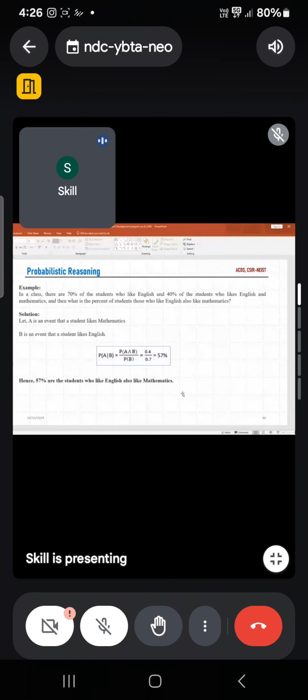Let's see an example. In a class, 70% of students like English and 40% of the students like English and mathematics. Then what is the percentage of students who like English who also like mathematics? That we have to calculate.